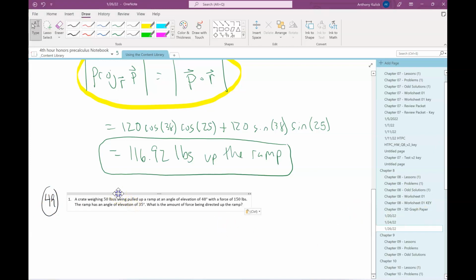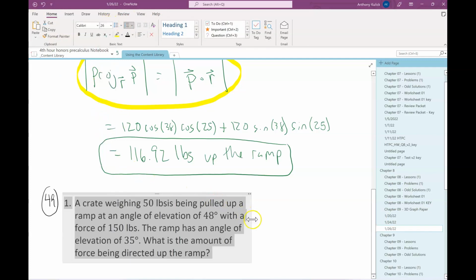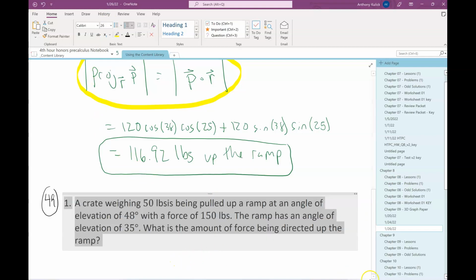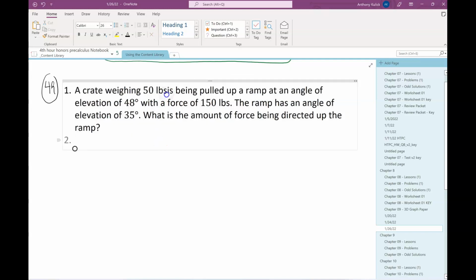Somebody always asks about one of these last two because they're basically the same problem. All right, so 49 says a crate weighing 50 pounds is being pulled up a ramp at an angle of elevation of 48 degrees with a force of 150 pounds.